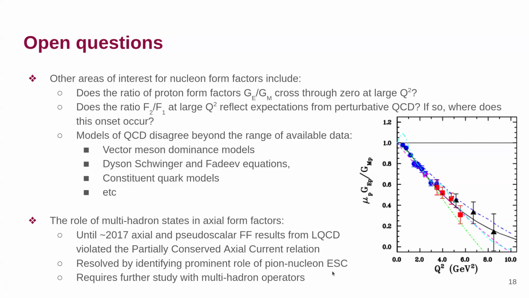And so these kinds of considerations are pushing the field forward in needing to study, say, the axial form factors with multi-hadron operators, not just these simple operators coupling to nucleons.